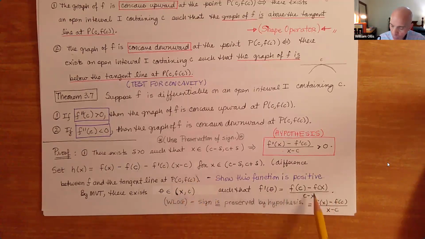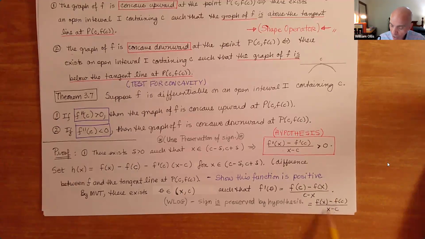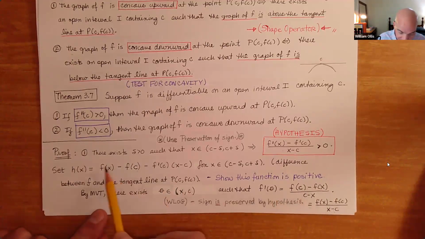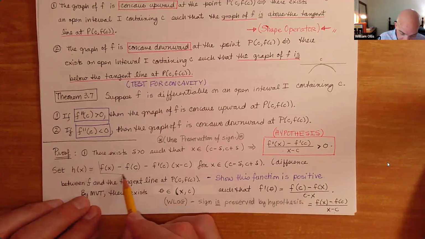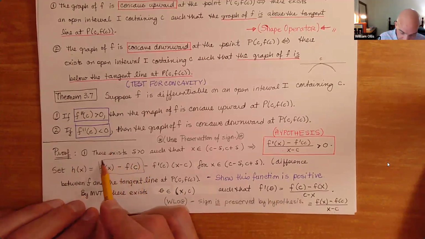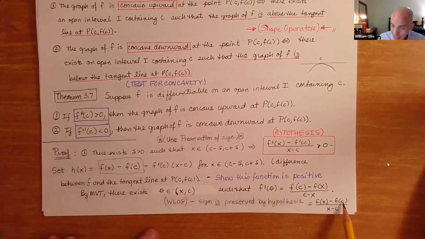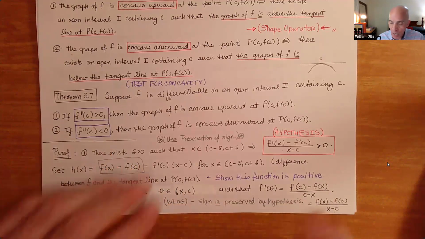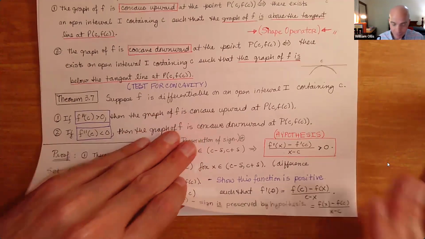But of course, now what we can do is multiply by -1 upstairs and downstairs, and then rewrite the f prime of theta as f of x minus f of c divided by x minus c. Now, the key here is that we can cross multiply and then make a substitution for this difference here. That is, f of x minus f of c will just be f prime of theta times x minus c. So that's the very convenient use of the mean value theorem.